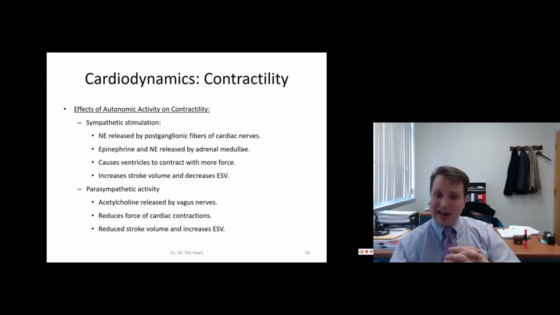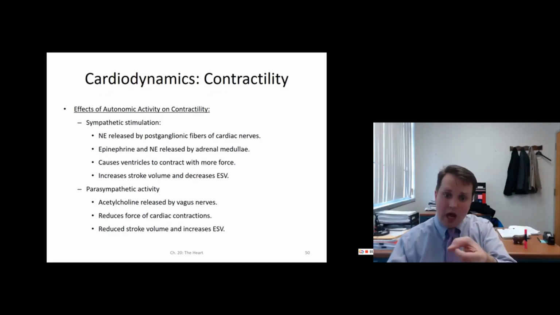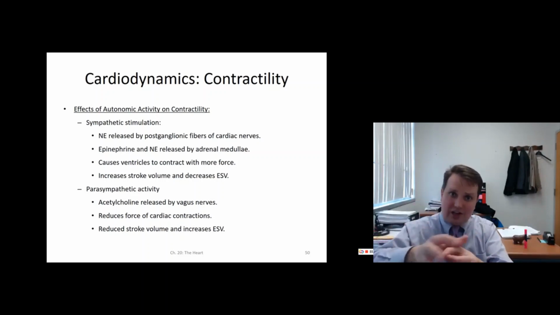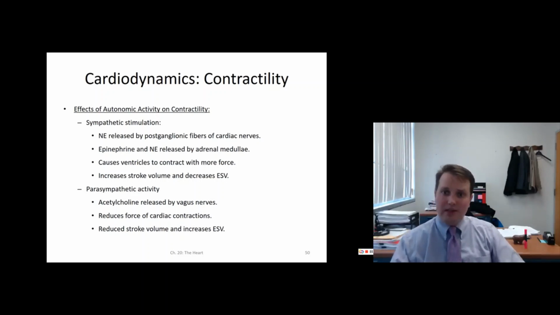If you understand this from AP1, calcium goes into the muscle cells and allows the actin-myosin interactions to occur. Calcium removes the troponin-tropomyosin complexes' inhibitory action on actin-myosin interaction.